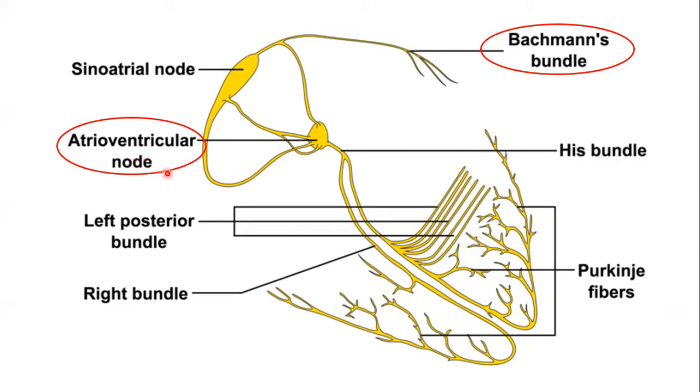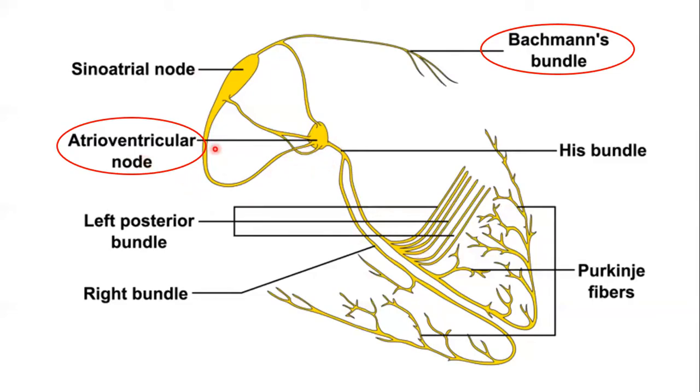So the atrioventricular node receives the impulse from the SA node, and then it further propagates this impulse down to the other nerves. It basically controls the contraction or the activity of the ventricles. So ventricular contraction is regulated by this AV node.